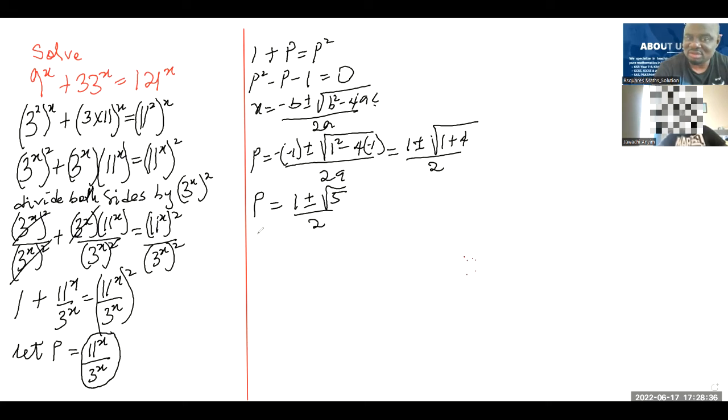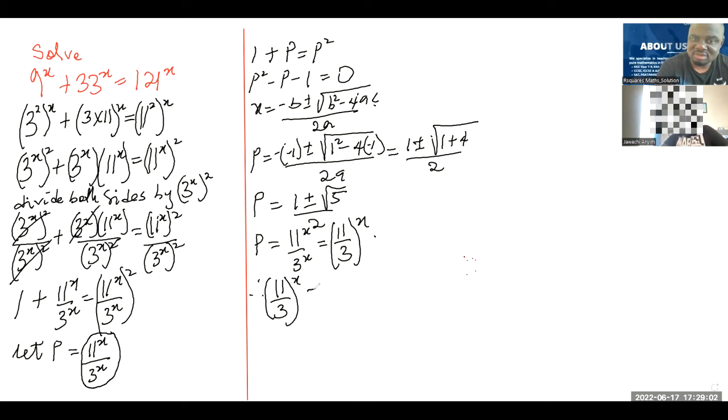But recall that P is equal to 11 to power x all over 3 to power x. We can rewrite this in the form of 11 over 3 to power x. So therefore, 11 over 3 to power x is equal to 1 plus negative root 5 all over 2.